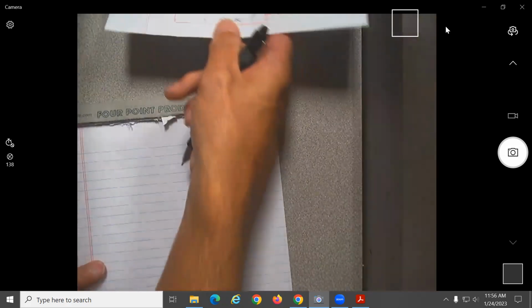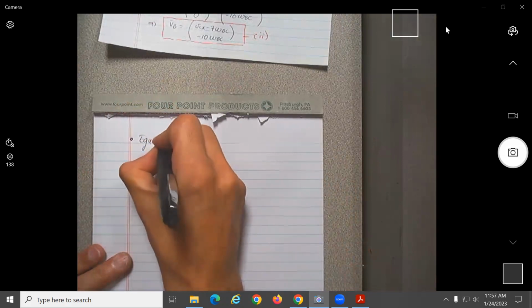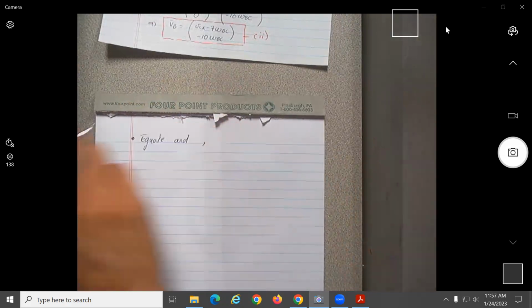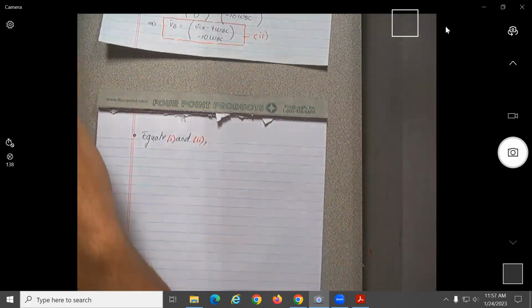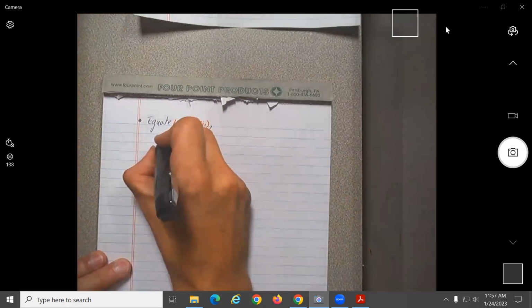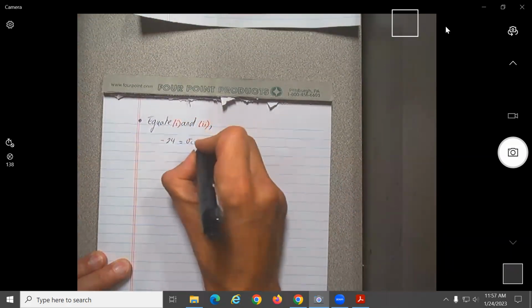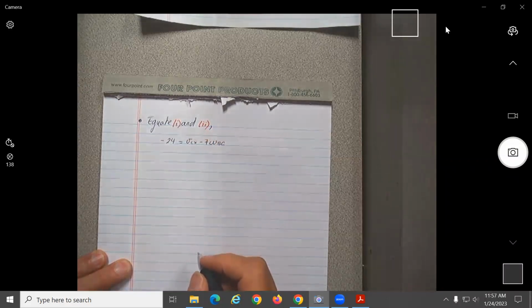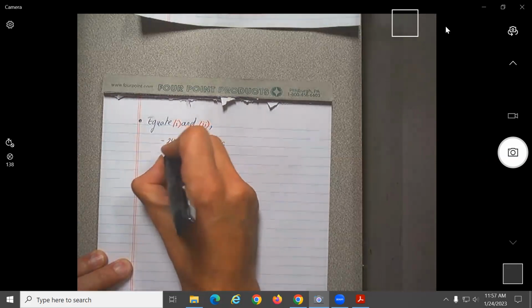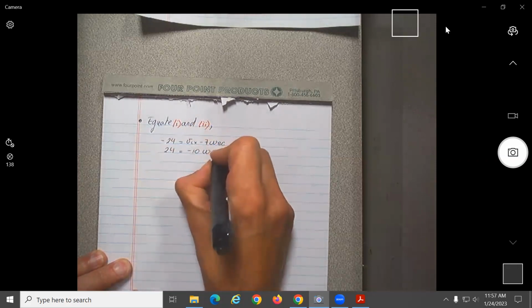So equate one and two. It will give us minus 24 equal to VCX minus 7 omega BC, which is not going to help us much at this time, and 24 equal to minus 10 omega BC.